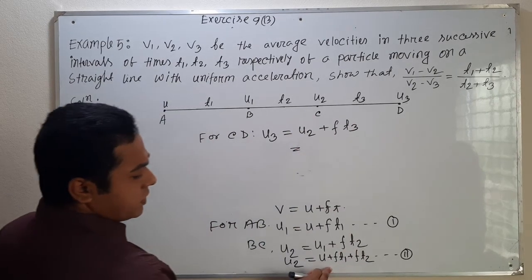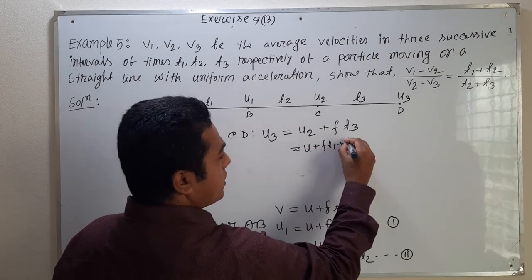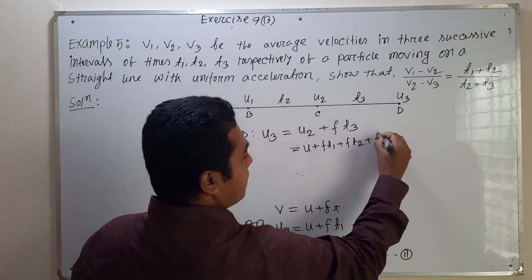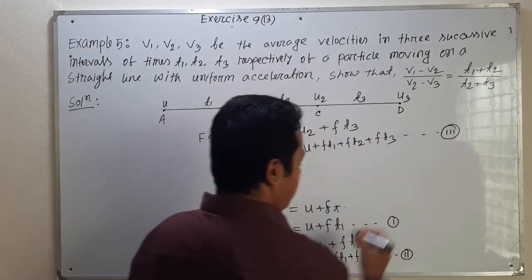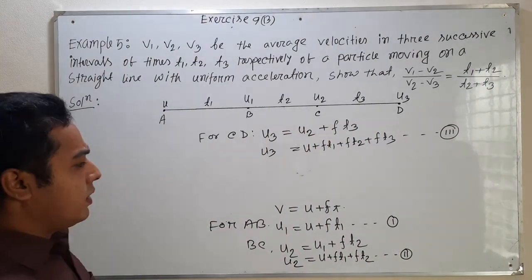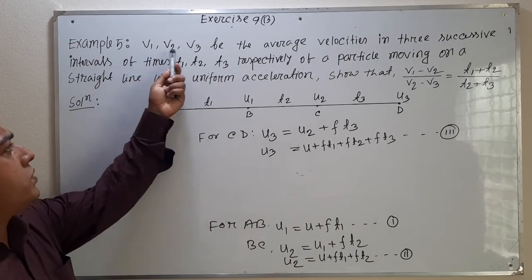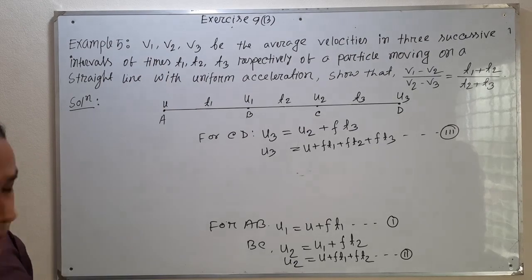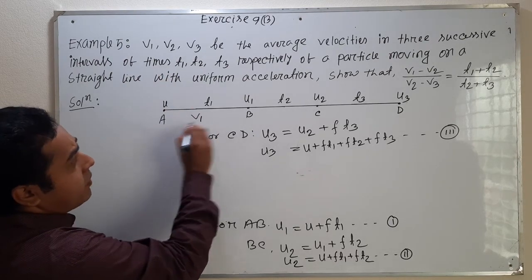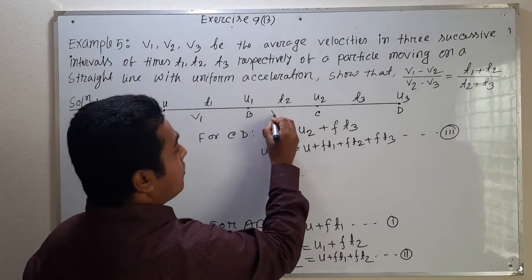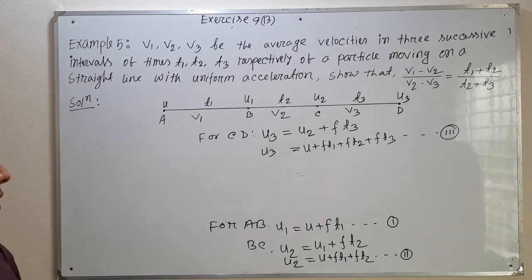U2, by using equation 2, so u3 is equal to u plus ft1 plus ft2 plus ft3. This is our equation number 3. Okay, we have 3 equations. V1, V2 and V3 are the average velocities: V1 is the average velocity for AB, V2 is the average velocity for BC, and V3 is the average velocity for CD.